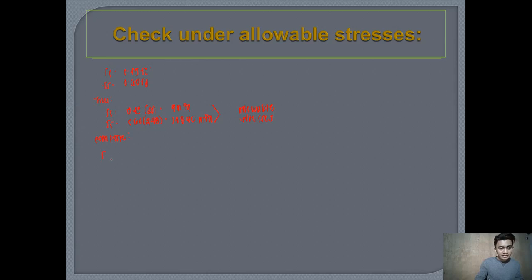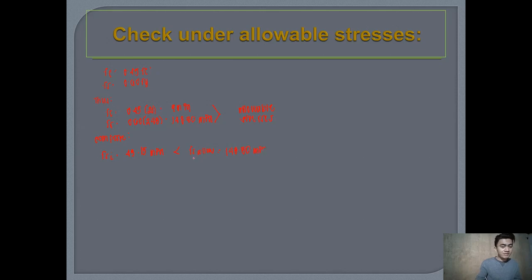For the Fs sub I, which is the bottom stress of the beam, 43.15 megapascal, this is now less than the allowable stress, Fs allowable, for the steel section, which is equal to 148.80 megapascal.